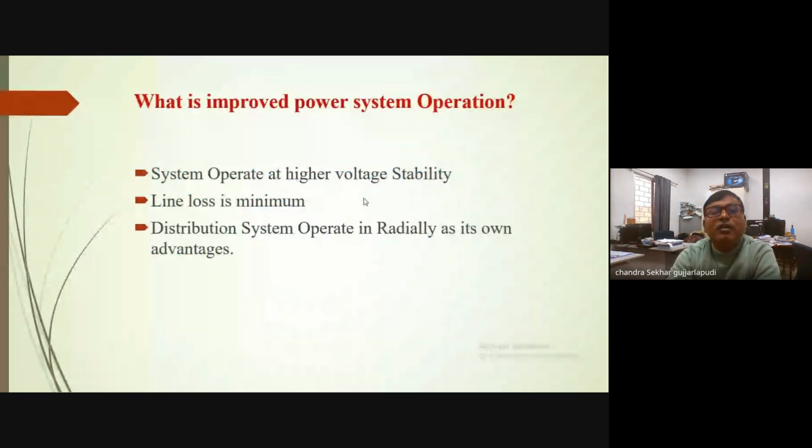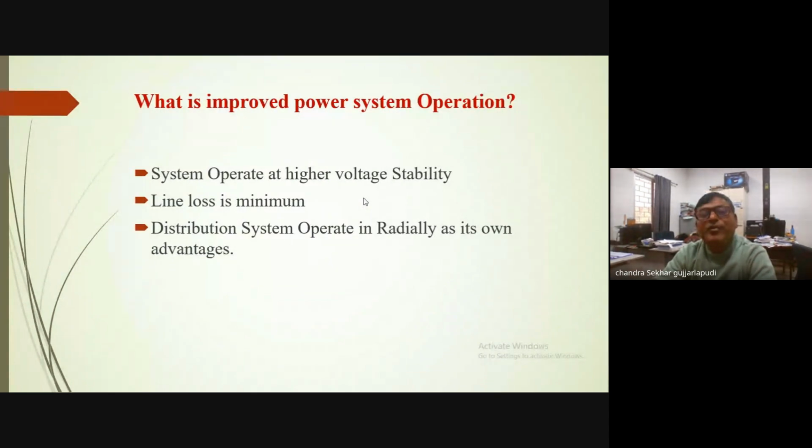Normally, in a power system we try to maintain the system such that it operates at a higher voltage level.